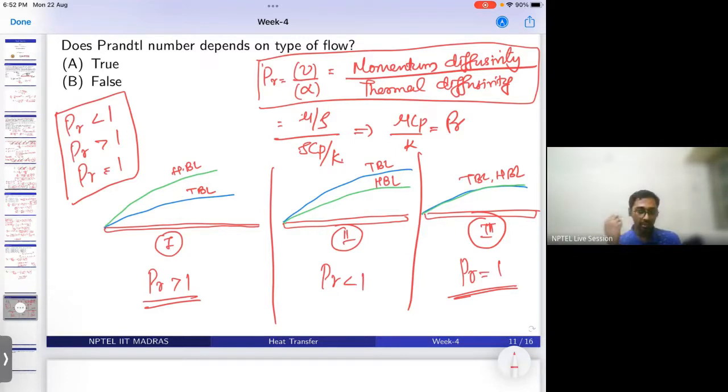So you can just think: the Prandtl number is greater than 1, so the momentum travels more. The rate of momentum transfer will be greater than the energy transfer. So the velocity boundary layer will be thicker than the thermal boundary layer.